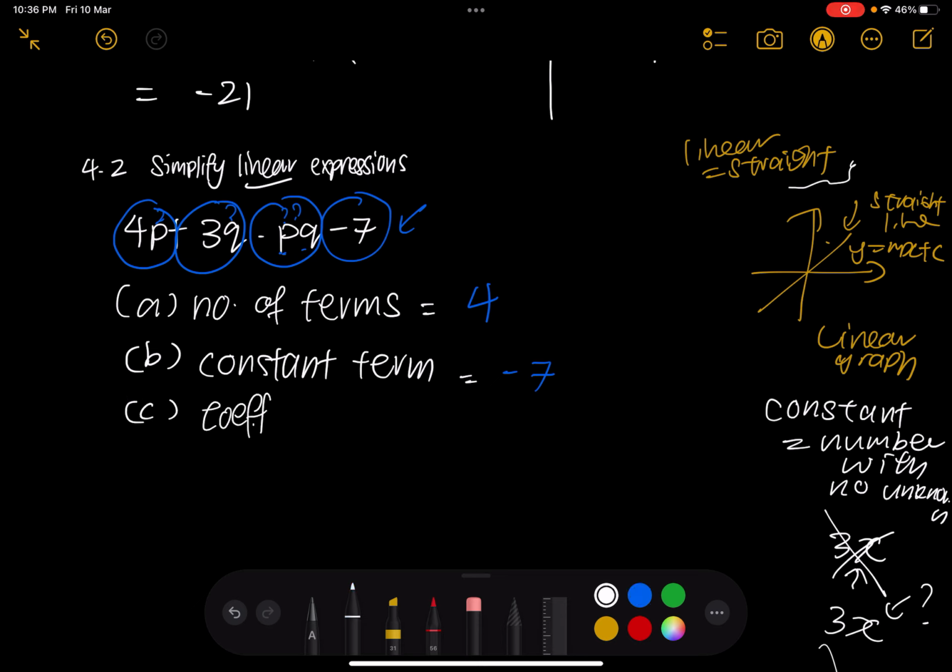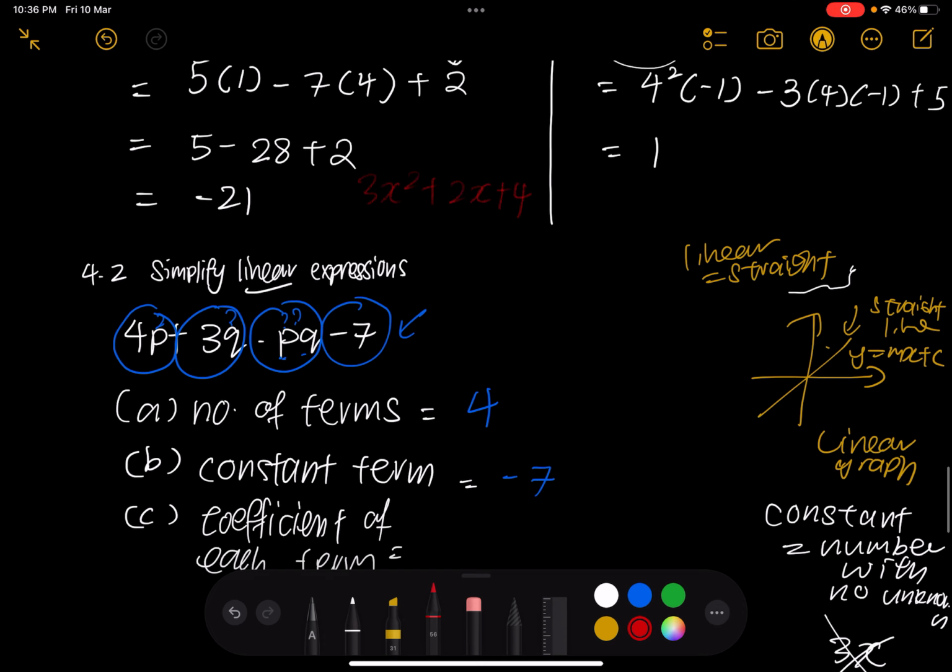Coefficient. This is something new. Coefficient of each term is basically the number that comes before the variable. Example, I have something like that. My coefficient of x squared is 3.